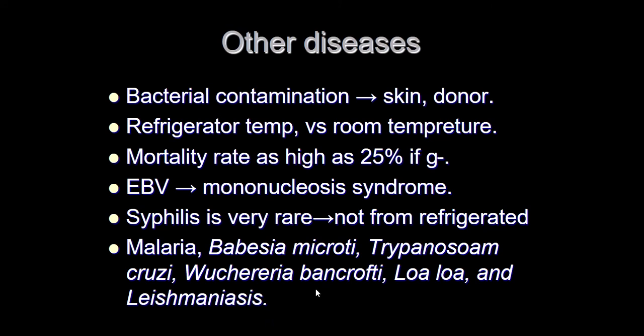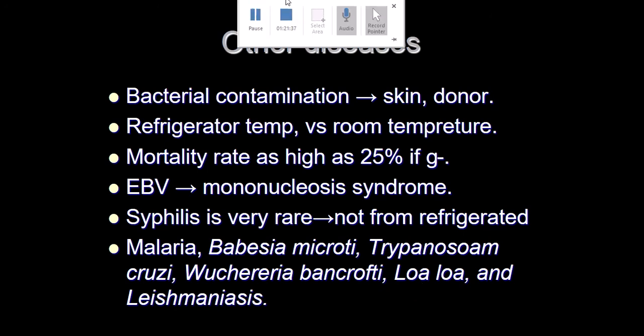So you have to remember that not just viruses like hepatitis C or hepatitis B, HIV, but also parasites like the malaria. If the blood was taken from a patient who has malaria and you give it to another patient, yes, that patient could develop malaria, or even other worms, filarial worms as well. They have to be taken in consideration, or even the leishmanias.